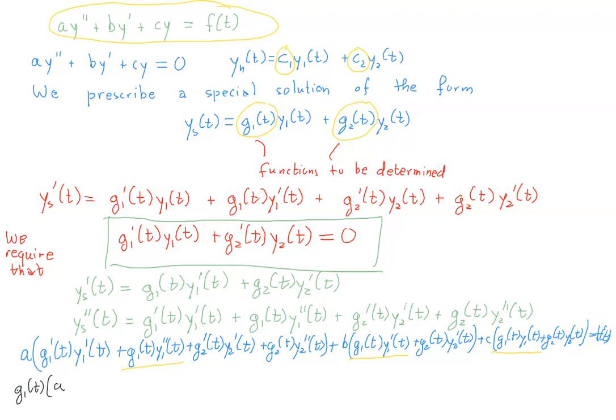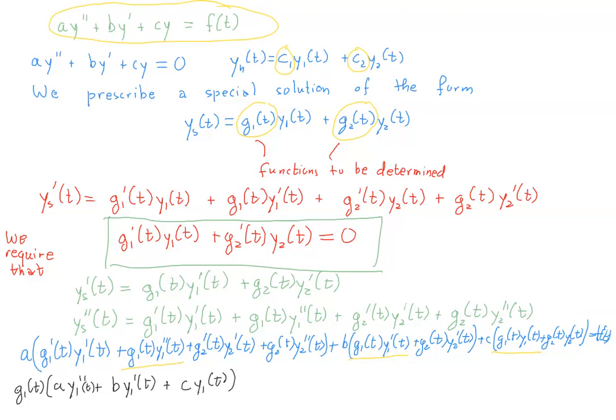You guessed it quite right. So you will get a y1 double prime plus b y1 prime plus c y1 of t, right? If I get all the yellow things that I have underlined and I factor out the g1 of t, what I get in there is this parenthesis.